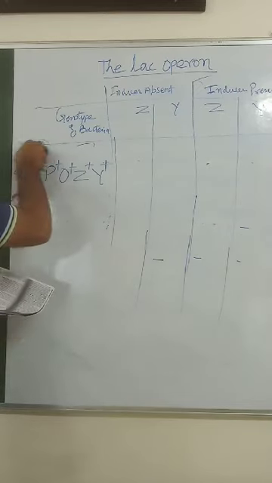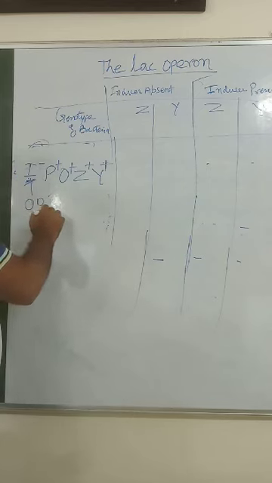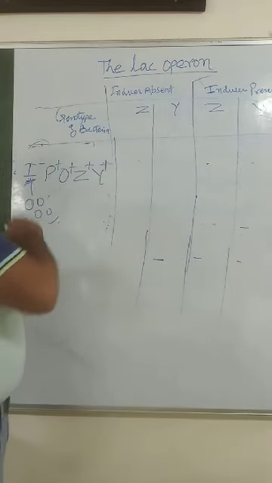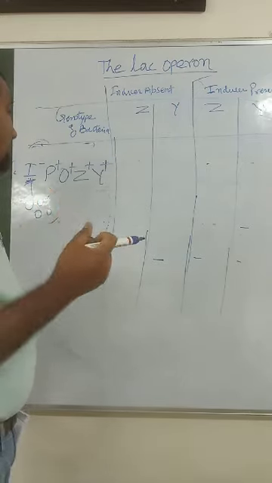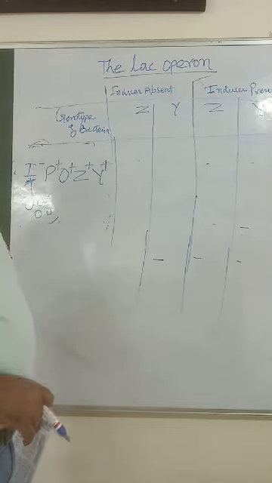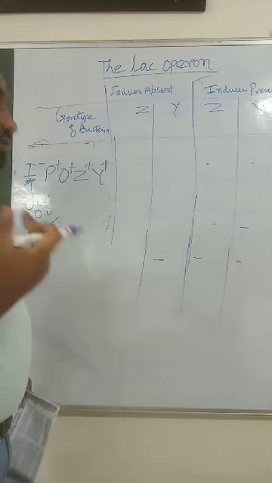But there is another type of mutation, when a mutation has taken place on the regulator gene, then the regulator gene product, that is the suppressor molecule, has reduced efficiency, reduced affinity to bind over the operator, in presence or in absence of inducer.